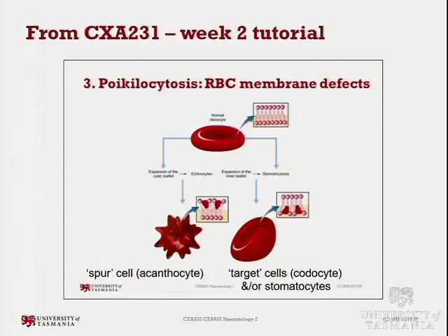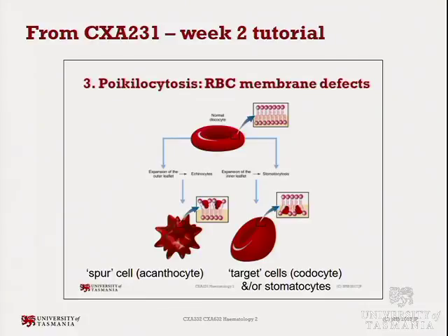Okay, so again, just to remind you about how we can get these changes to cell shape with our abnormal plasma lipids. Depending on whether or not we get deposition or changes to the shape of the cell depends on whether it's the external part of the lipid bilayer that's affected or the internal part.